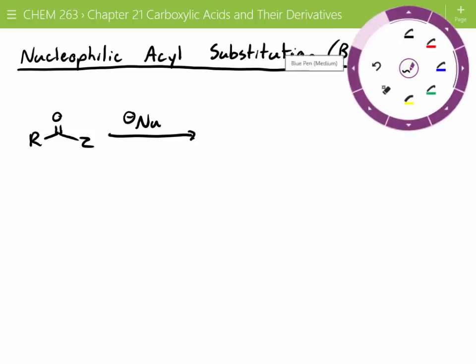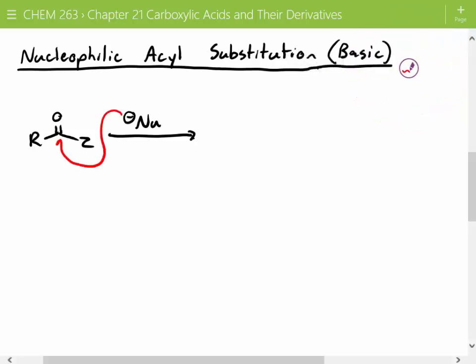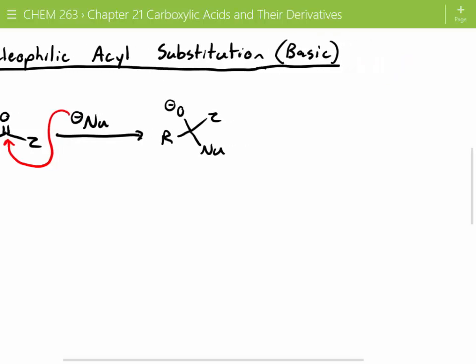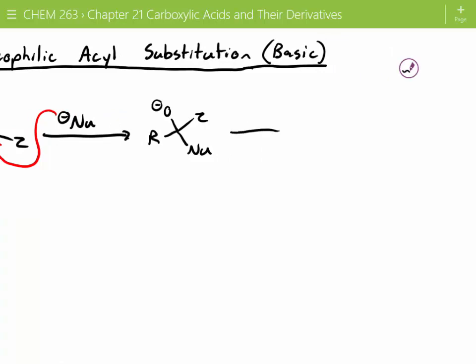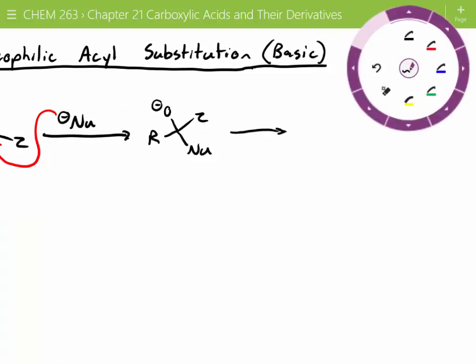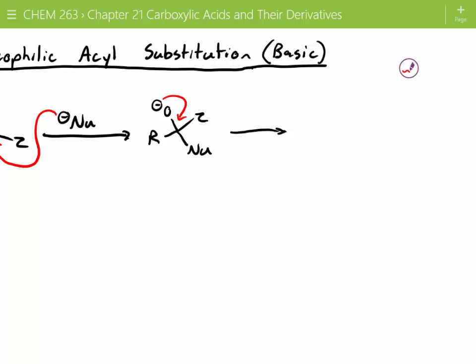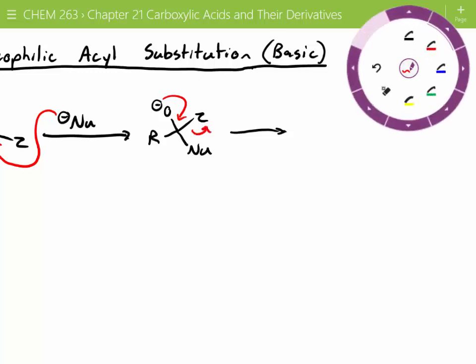The nucleophile will add in to our carbonyl, pick up electrons. Our nucleophile attacks in. We go through this tetrahedral intermediate, and then what happens next? Yeah, the oxygen dumps down, kicks off Z as a leaving group.